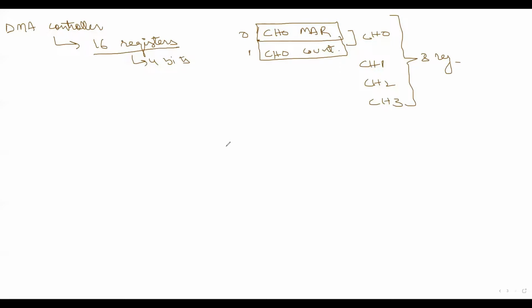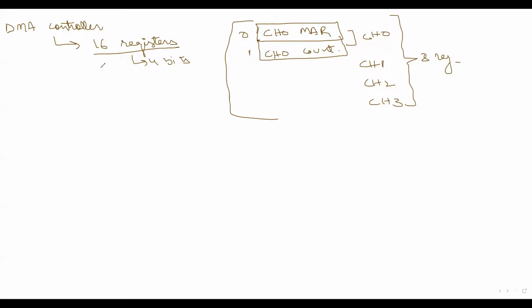For example, there is a write request register, and registers such as read write status and command register. But those registers, we don't have to discuss here. We will only consider these 8 registers that are useful to us. Okay, but I said that there are total 16 registers. Fine.